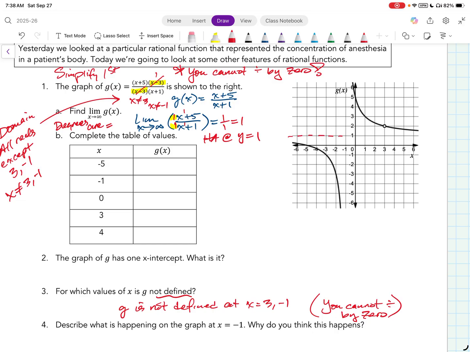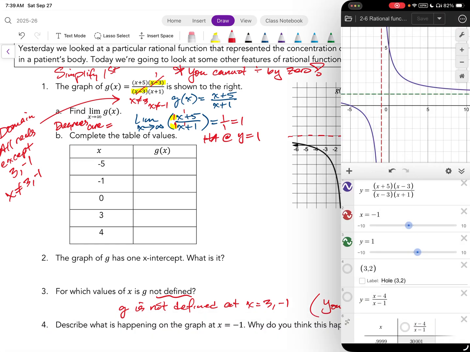You can see the function right here has a horizontal asymptote at y equals 1. That should make sense. Now, you really can't see the asymptotic behavior unless you go to Desmos and go out to infinity. So when you do that, we're going to see it a lot better. Okay, in fact, let me bring in Desmos right now so you can see it.